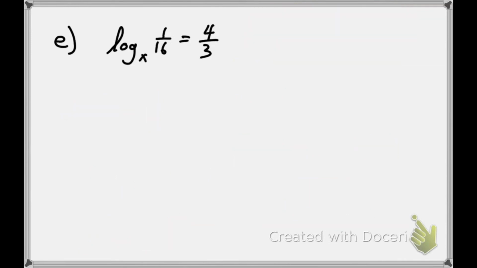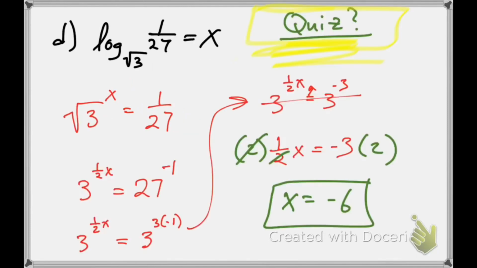Last one for solving. Log base x of 1 over 16 equals 4/3. So again, I recycle. 1 over 16. So that's what I get when I recycle. This is exponential form. So the key here is a little trick: when the x is in the exponent, that's when I try and get the same base.